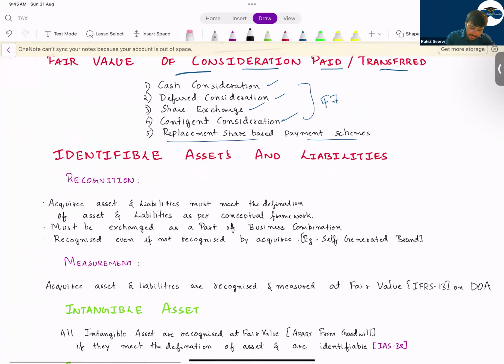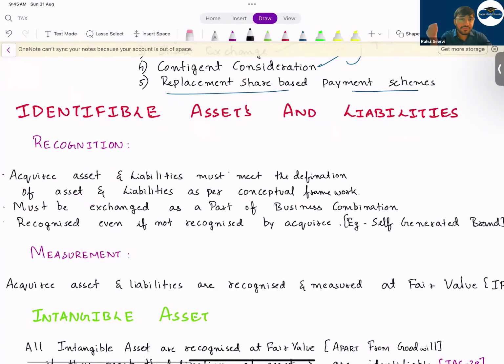Now see, identifiable assets and liabilities. Whenever we acquire any subsidiary company, what should we do? We acquire at fair value. So whenever you get a theory question, write down that in case of IFRS 3, when we acquire any company and prepare the consolidation, we acquire the assets and liabilities of the company at fair value. Should we record the assets and liabilities of the subsidiary company? Yes.